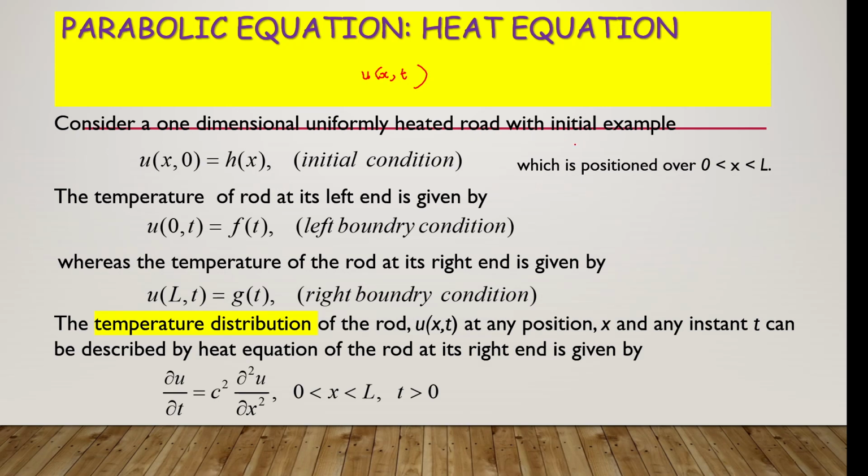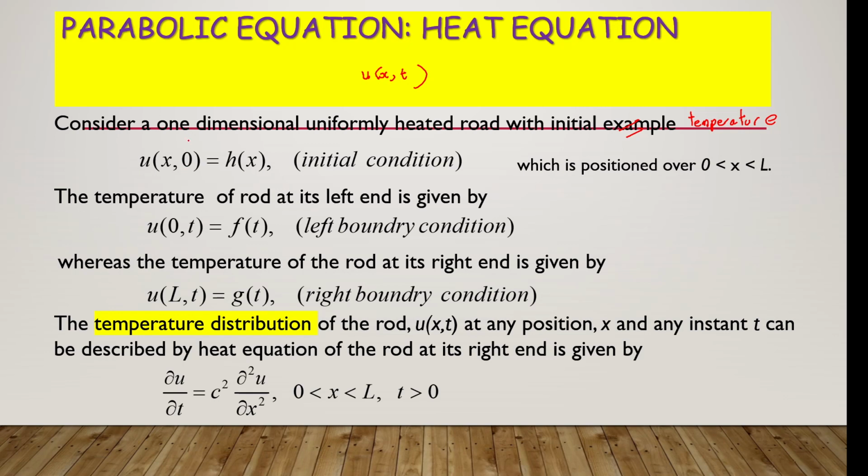With initial conditions, u(x,0) = h(x). This means the initial temperature. You have a rod which is heated, so you have the initial temperature.